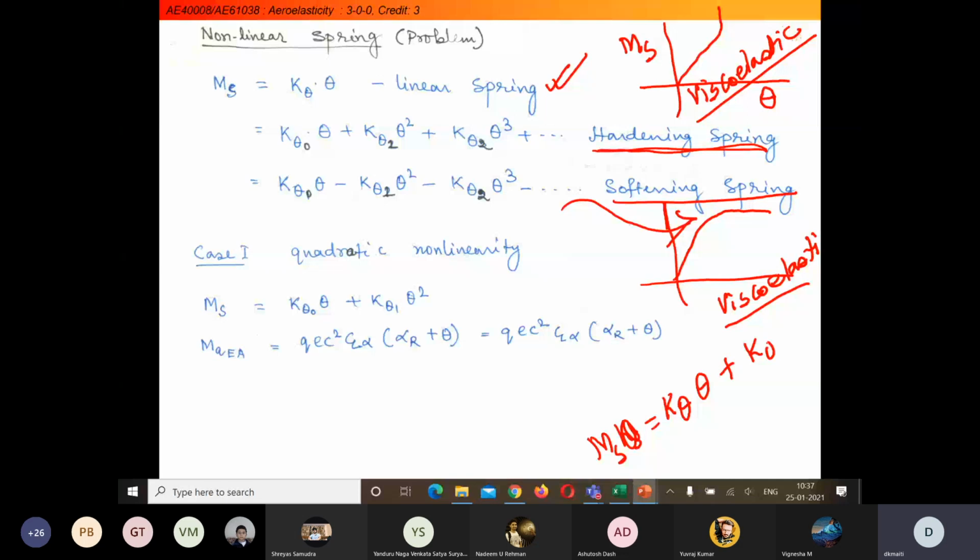Most of the time we don't consider rate of strain in our structural behavior related to structural stiffness or the restoring force. If the structural restoring force also comes from the rate of strain or velocity, this is basically rate of displacement, that is velocity. That can be equated to a term called strain rate, epsilon dot.